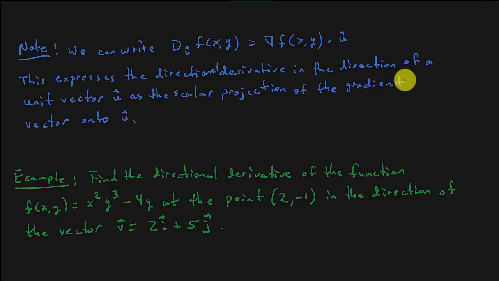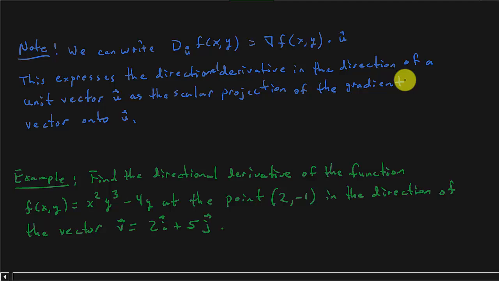All right, so let's look at an example. So here it is. This right here is finding the directional derivative of a function at some point in the direction of, and notice how they give us this vector here. We want to go in the direction of this vector.